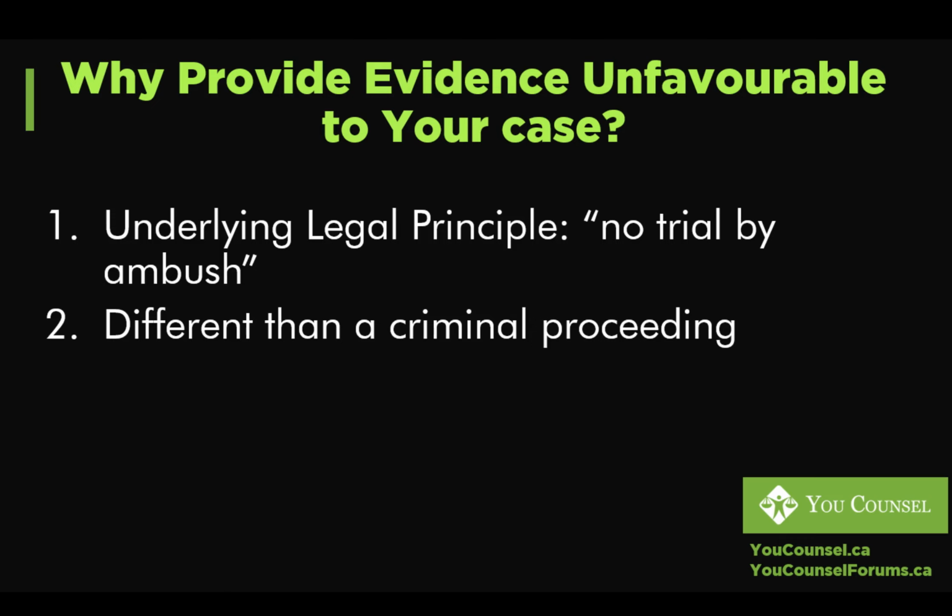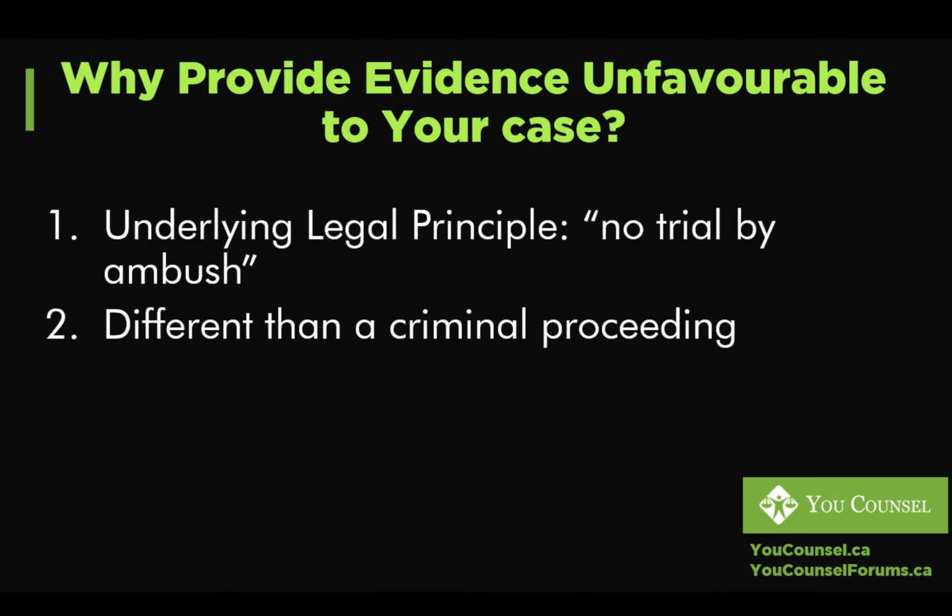In a criminal proceeding, the Crown or the prosecutor has the burden to show beyond reasonable doubt that the person who is accused has committed the offense that he or she is being charged with, right? So in a criminal proceeding, the Crown has an obligation to disclose all of the evidence that they have against the accused to the accused or to his or her lawyer, but the accused does not have any corresponding obligation to provide any evidence to the Crown, because the burden of proof rests entirely with the Crown.